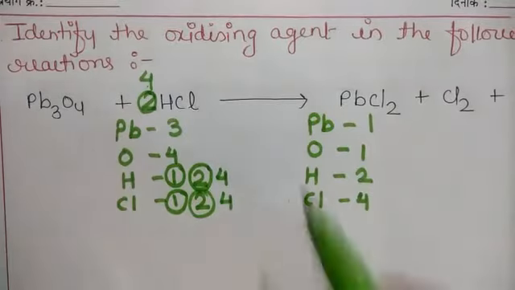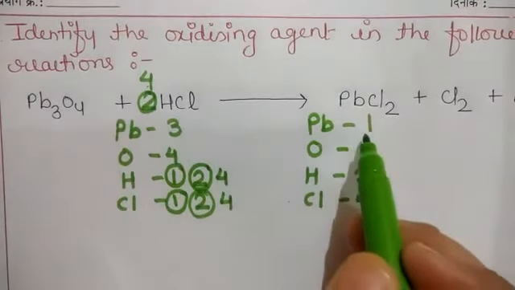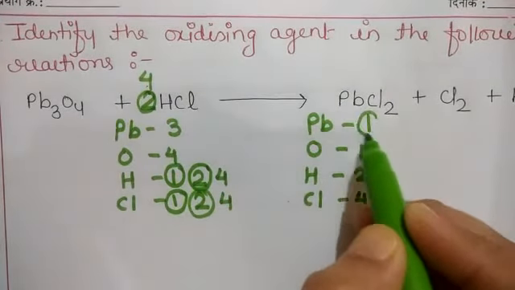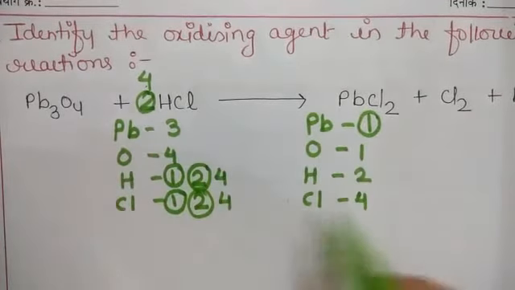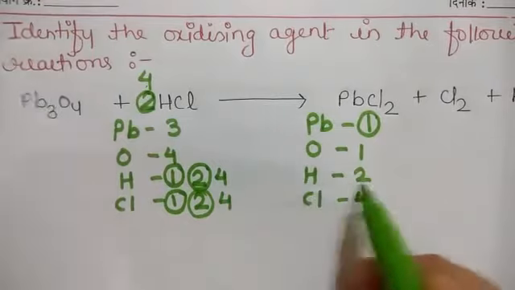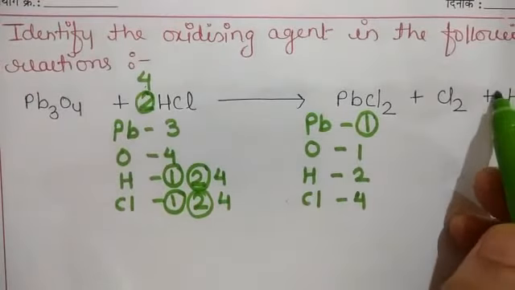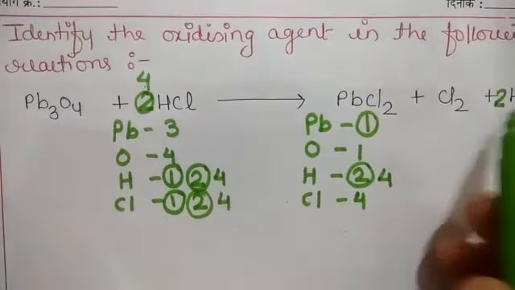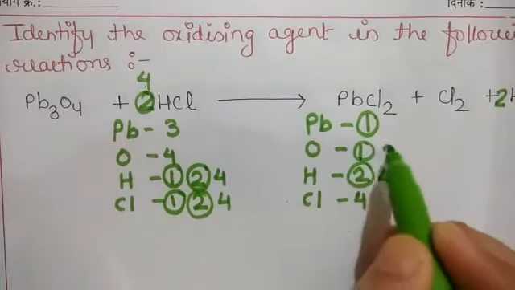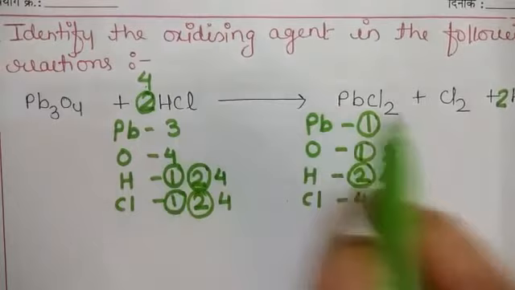Now what about this lead? You have to check that this lead is here 1 and this side it is 3. So here we have balanced chlorine, but we have to check this H2 also. So we will do balancing here. Now it will become 4. What about oxygen? It becomes 2. Now we have to discuss lead.